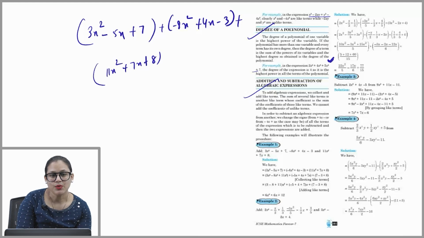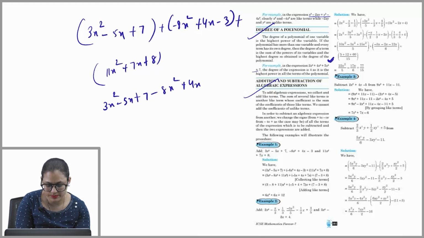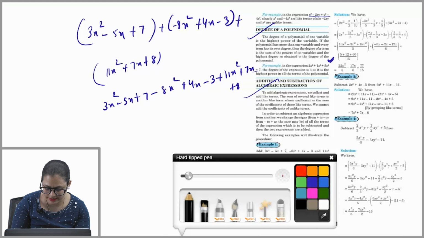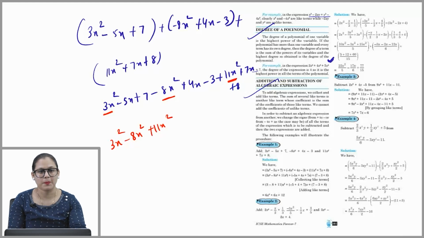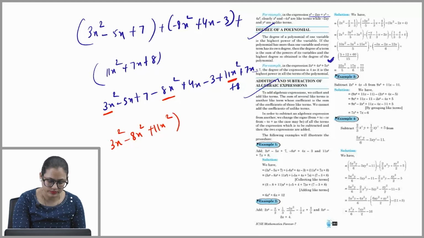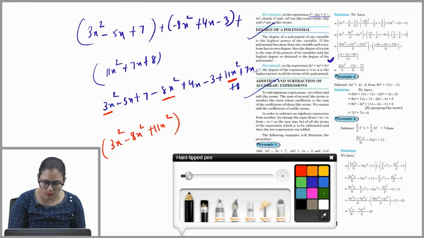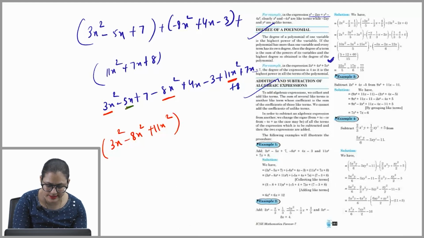Okay, so first let's open the bracket, and after that we will collect all the like terms. Now let's collect the like terms. x²: 3x² − 8x² + 11x². Okay, now x.